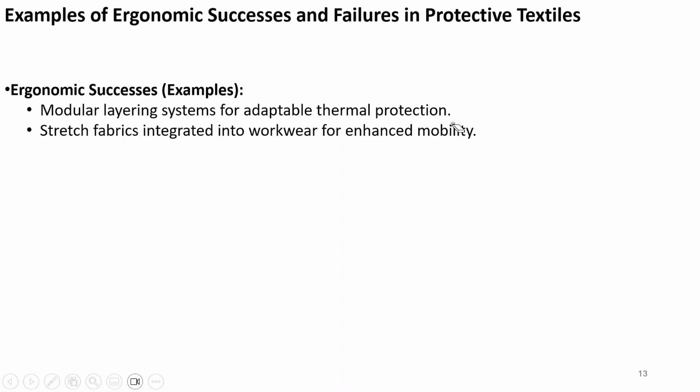Second, stretch fabric integration into workwear, which enhances mobility. Suppose in the case of cut protective textile in workwear, if we use stretchable fabric, that will not restrict the body movement, so mobility is not getting restricted.